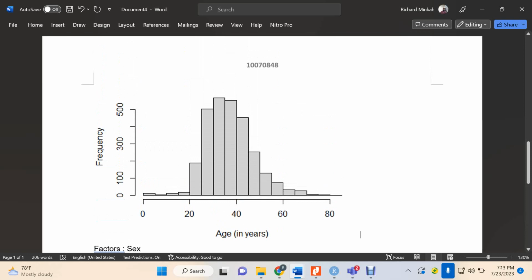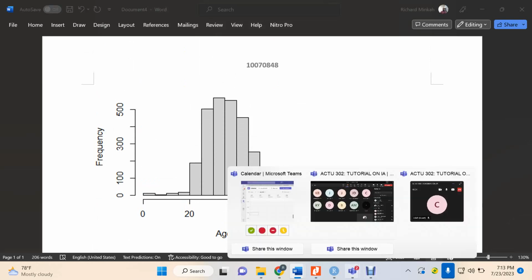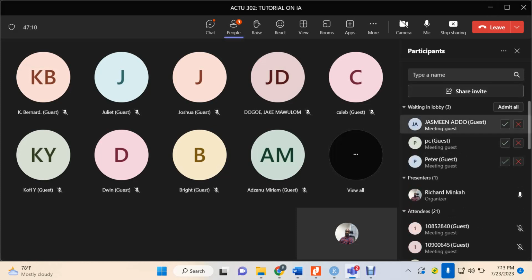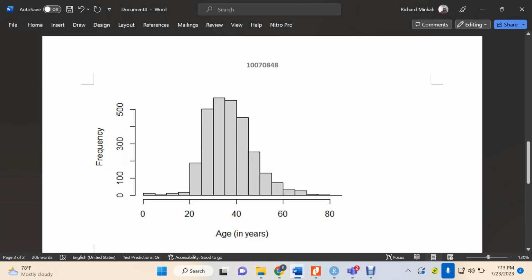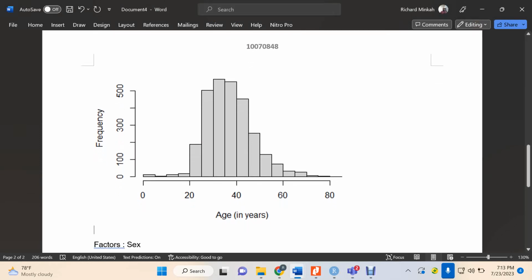Then we say comment. You cannot just put this here and go. That's what some of you were doing. You have to comment on it. How does it look? How would you explain this? Well, there's a bit of skewness, but approximately we can say it is normal.